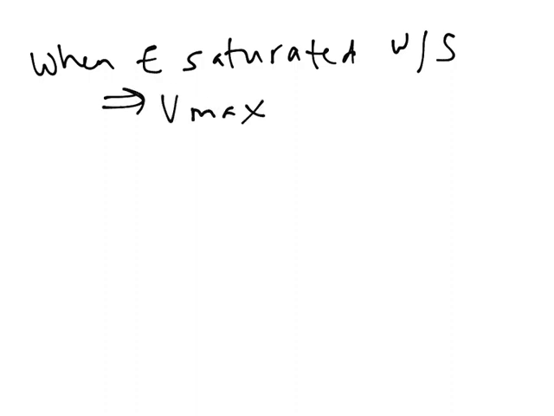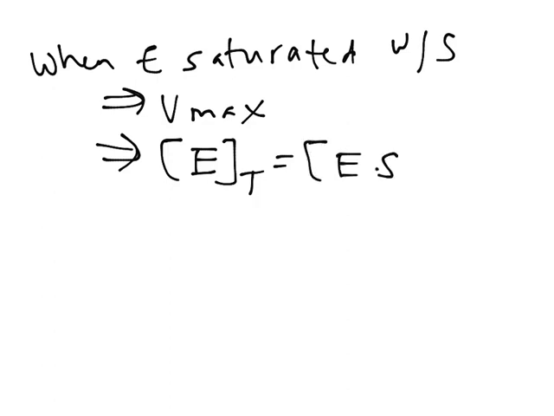When you're saturated with substrate, the concentration of total enzyme that you have is equal to the concentration of enzyme substrate complex. All the enzyme is bound to substrate. If you have completely saturated your enzyme with substrate, all of it is bound.